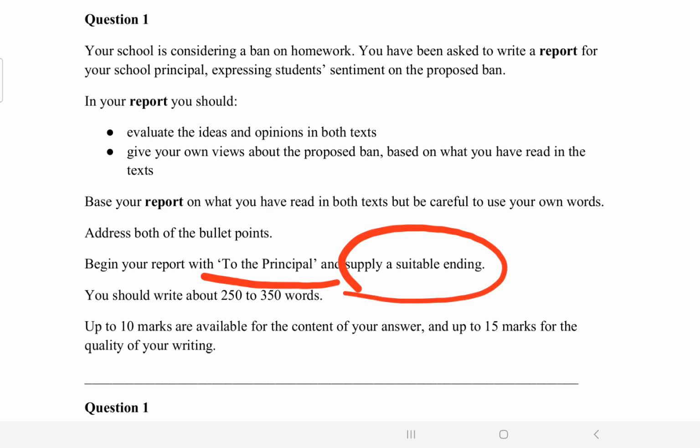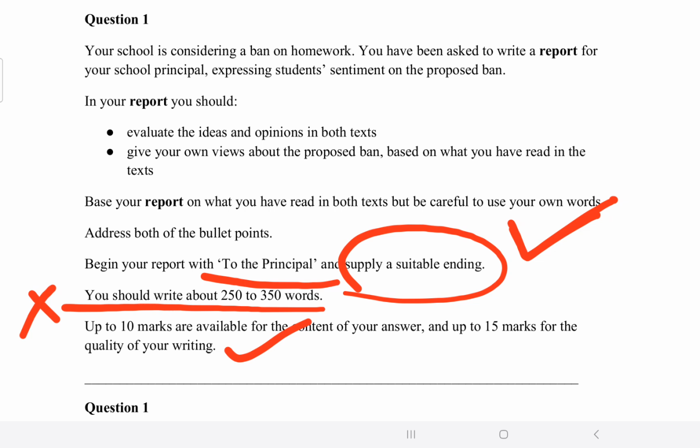That means you have to write something at the end also. Once you have a suitable ending, you are going to end your report like that. This is also going to be the same in all directed writing tasks, 250 to 350 words, and this part is also going to be the same in all directed writing tasks.